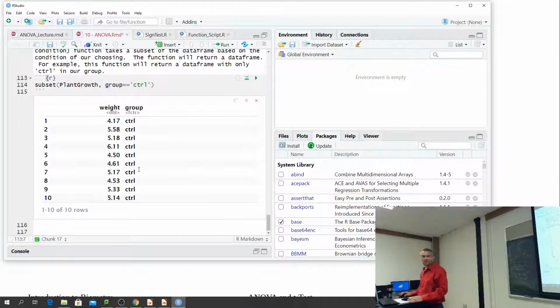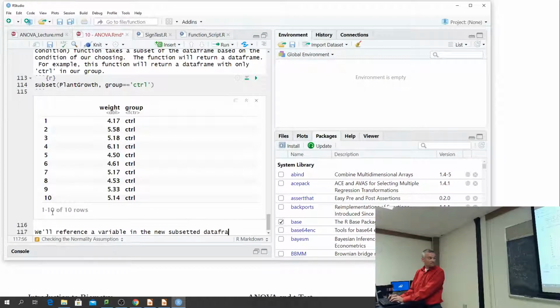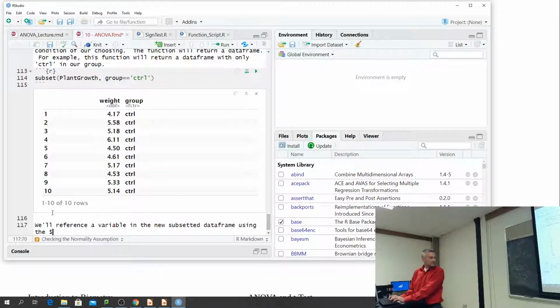As with any data frame, we can utilize the $ to reference an item inside the data frame. So we'll reference a variable in the new subsetted data frame using the $ notation.